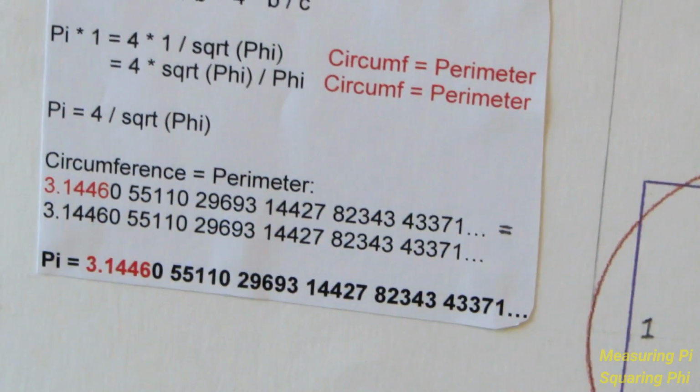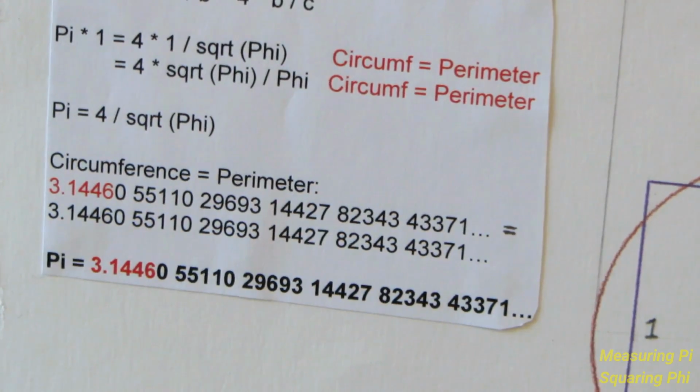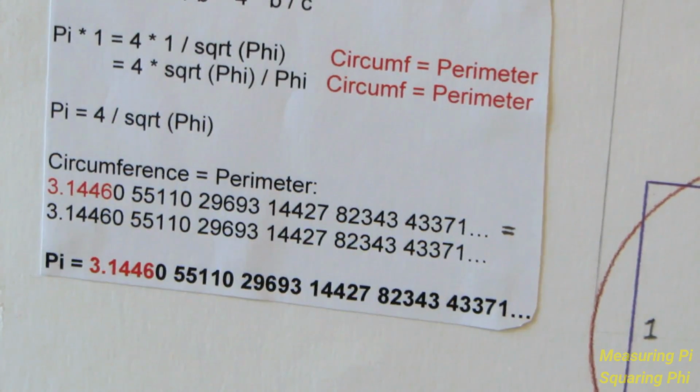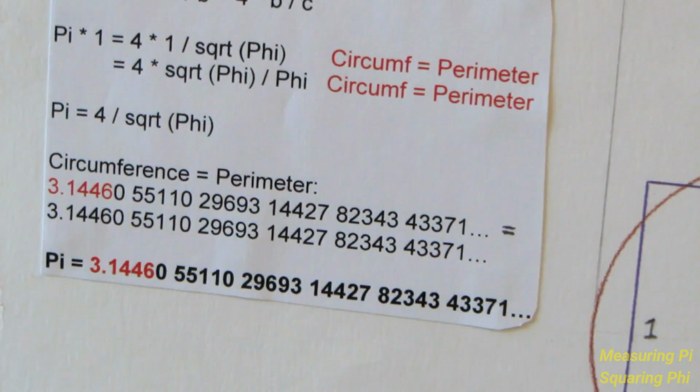Going through the calculations here, we multiply pi times 1, which is of course pi, and in the other equations, 4 times 1 over the square root of phi also equals 4 times the square root of phi over phi.